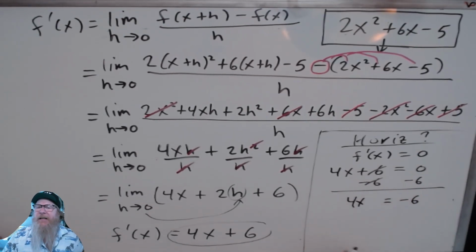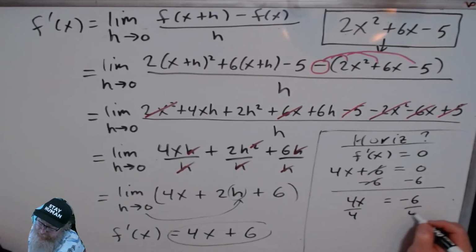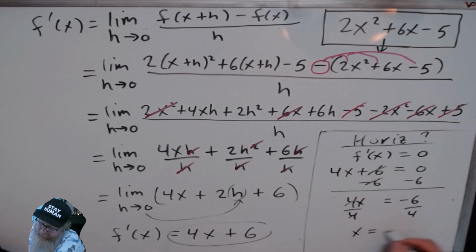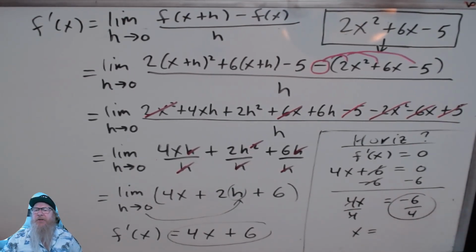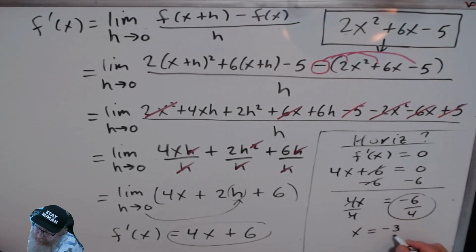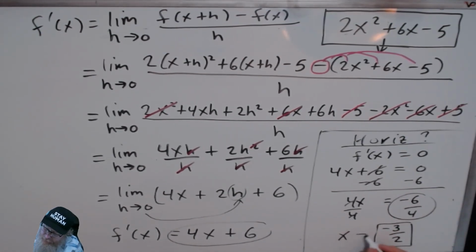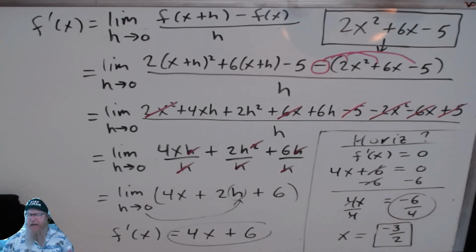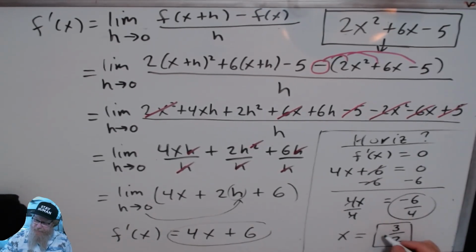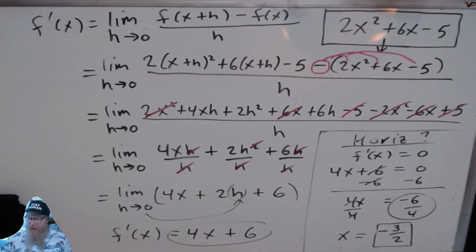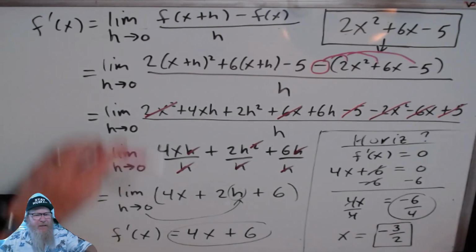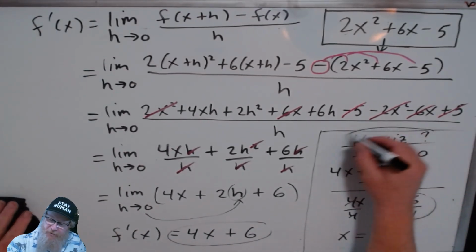So I get 4x equals -6, divide by 4, simplify or reduce or whatever is appropriate. -6/4 is -3/2. Or you could say -1.5 would be okay as well. I'm just going to leave it as -3/2. There you go. So at this point, the slope of the tangent line is horizontal.